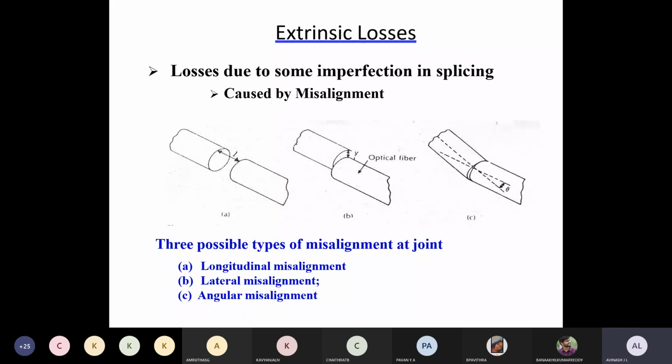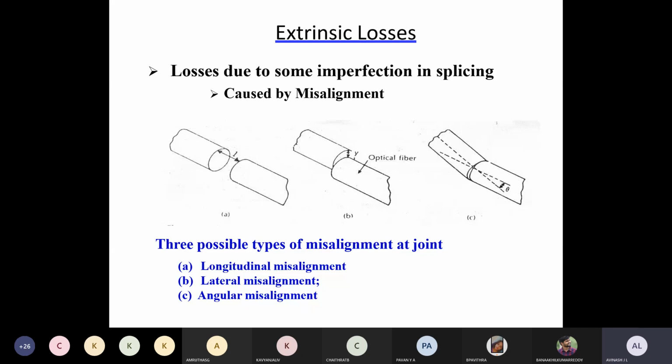Now when you see diagram C, here there is no lateral misalignment and no longitudinal misalignment either, but there is some other kind of problem. On one side of the fiber there is some bend.